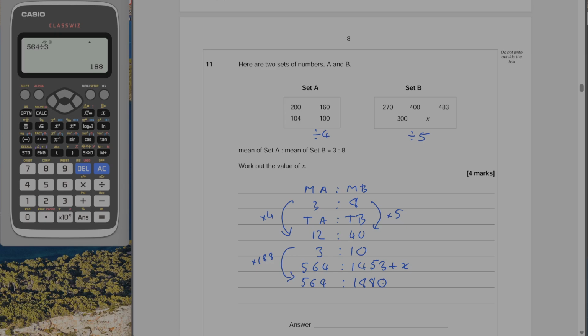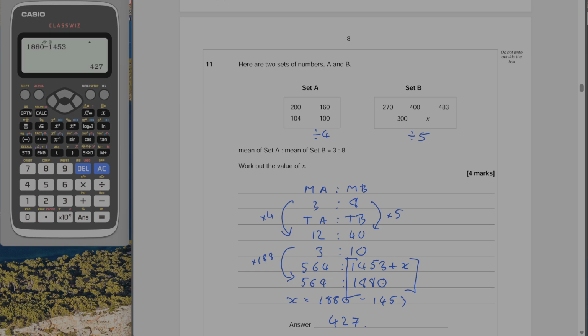So this total needs to be equal. So if I do x is going to be equal to 1880 minus 1453. Right, so 1880 minus 1453 gives me 427.